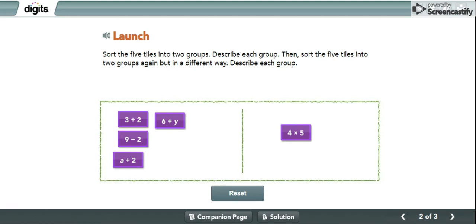What do you notice that all of those on the left have in common and all of those on the right? Okay, so in this case, I have a mix of numerical expressions and expressions with letters on the left side. I sorted this way by sorting those that use either addition and subtraction on the left and the one that uses multiplication on the right.